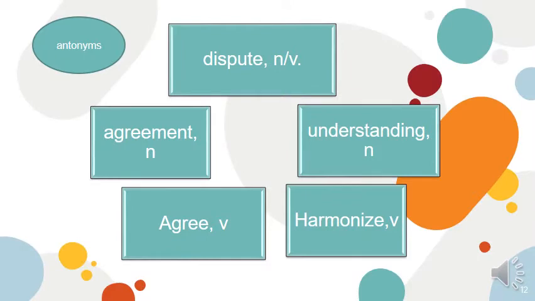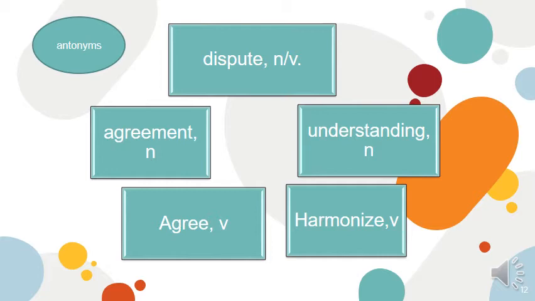So let's look at the antonyms of dispute. We said that it could be a noun and a verb. So when it is a noun, these antonyms are agreement. Dispute means a disagreement, so when we look at the opposite, the first thing we're going to find is agreement and understanding.